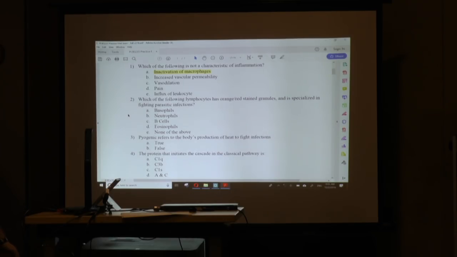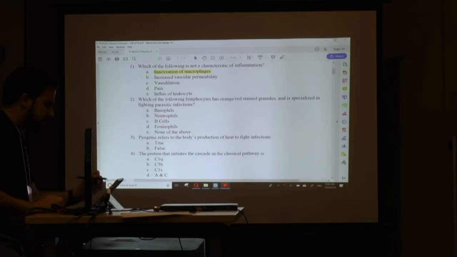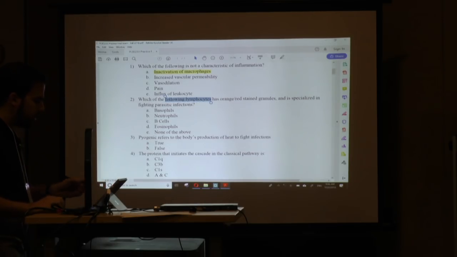How many times have you seen this question in the tests? He asked a question like this at least twice, right? So as you're taking this test, I want you to make sure that you highlight keywords. So when he's asking which of the following lymphocytes, go ahead and highlight or underline it.